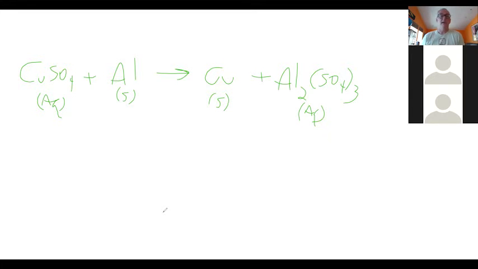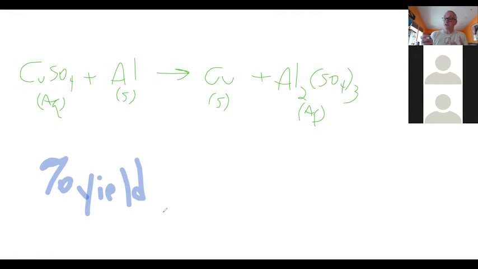Percent yield. Right. Percent yield of what? Of copper. Right. We're going to measure the mass of the copper and see if it's the amount we predicted we would get. So percent yield.